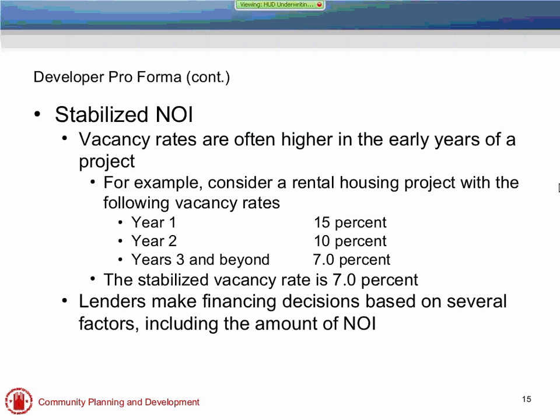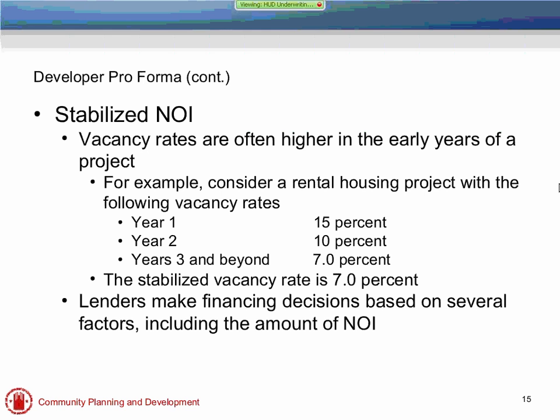So for example, if you have a rental housing project that has a 15% vacancy rate in year one, let's say the project may be finished construction towards the end of the year, so our year one vacancy rate is going to be 15%. Year two, we're still working on getting that project leased up, so we have a 10% vacancy rate for that second year. And then years 3 and beyond, what we call the stabilized vacancy rate is going to be 7%.